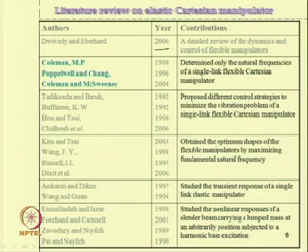Similarly, there are many other works related to cantilever beams, or beams subjected to base excitation. Some works are by Coleman MP, then Popwell and Chang, Coleman, Maxwell. Coleman MP determined only the natural frequency of a single link flexible Cartesian manipulator.